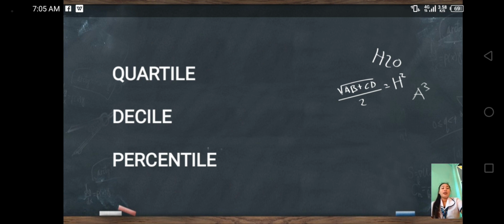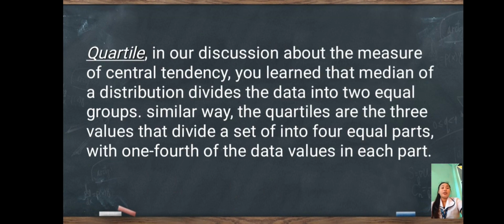First is quartile. In our discussion about the measure of central tendency, you learned that the median of a distribution divides the data into two equal groups. In a similar way, the quartiles are the three values that divide a test into four equal parts, with one-fourth of the data values in each part.